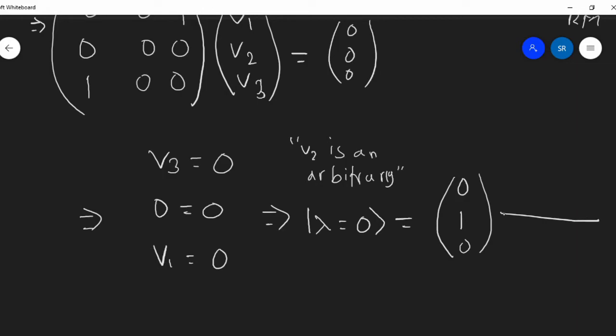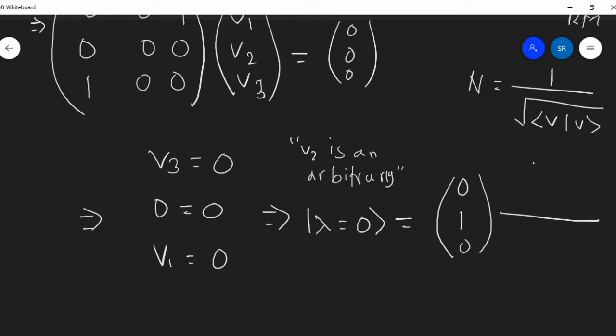And if we want to take the norm, by the way, if you want to normalize, the norm is 1 by square root of bra v ket v, the dot product. This is essentially the dot product.